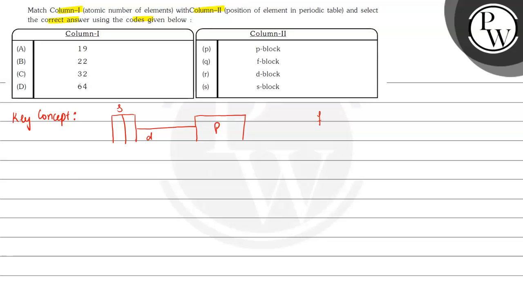We have F block elements, which include the lanthanide series, from atomic number 57 to 71, and the actinoid series, from atomic number 89 to 103.